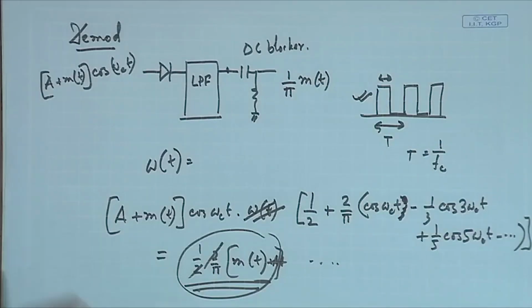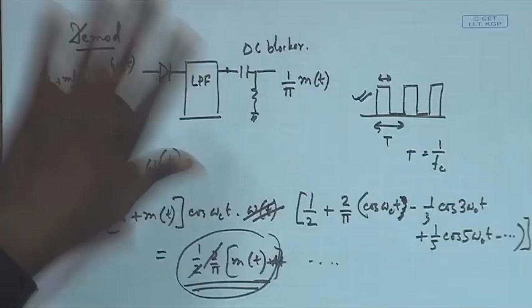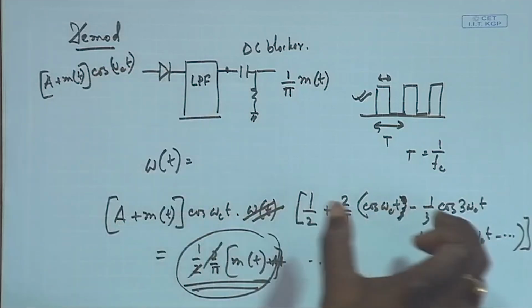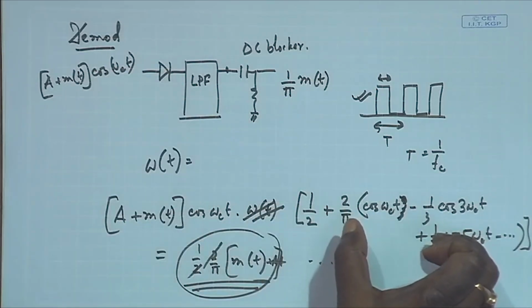So, what has happened? The wonder that has happened over here is that my receiver circuit has become very simple. I just have to put a diode, no complicated carrier tracking, because automatically the diode is doing the carrier tracking for me. You see where that cos omega ct multiplication is happening. Earlier I was deliberately multiplying it with cos omega ct.